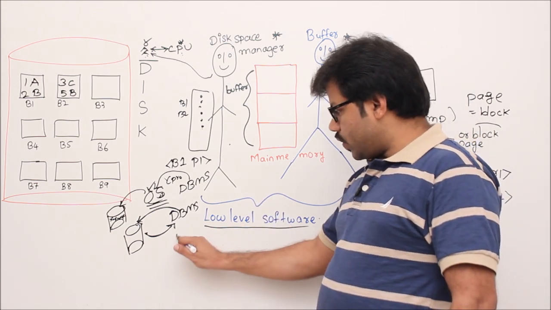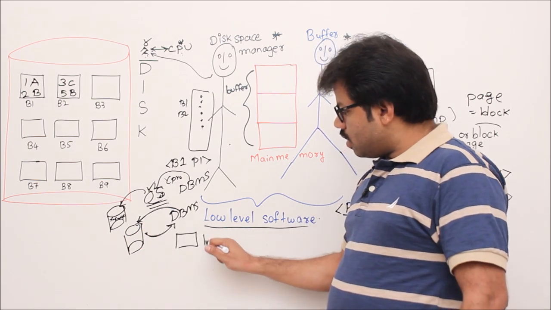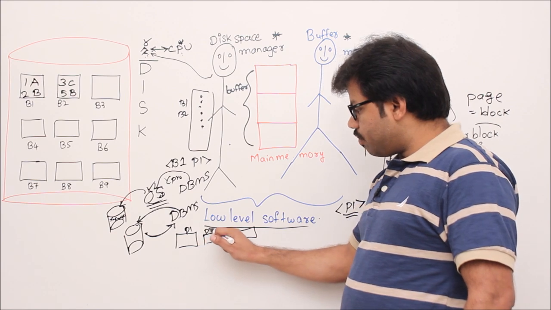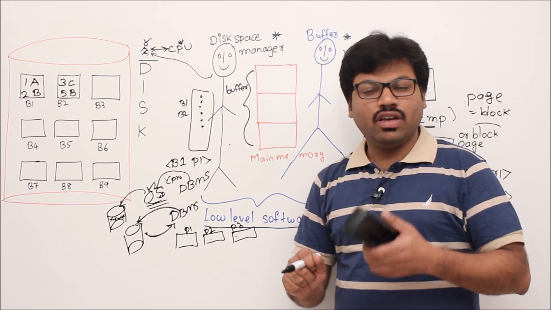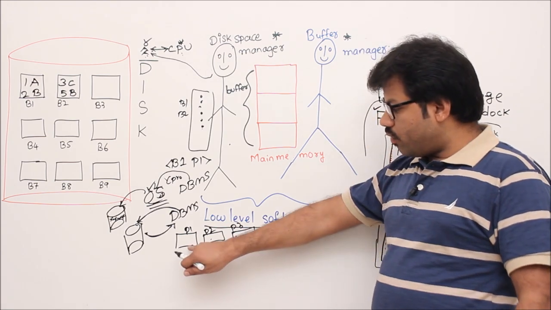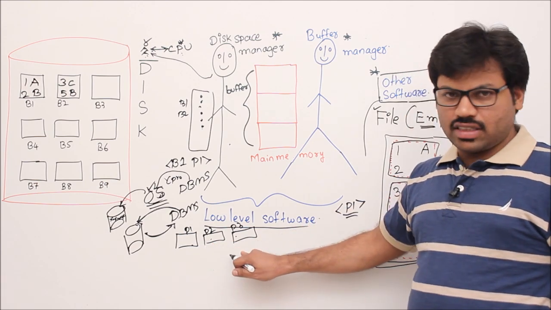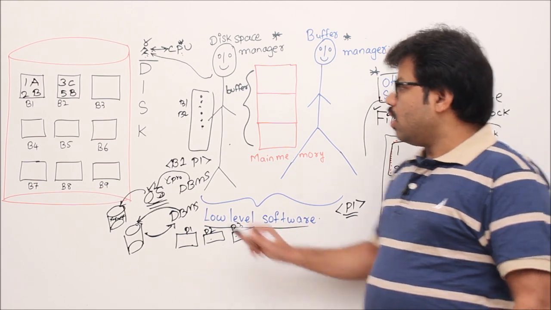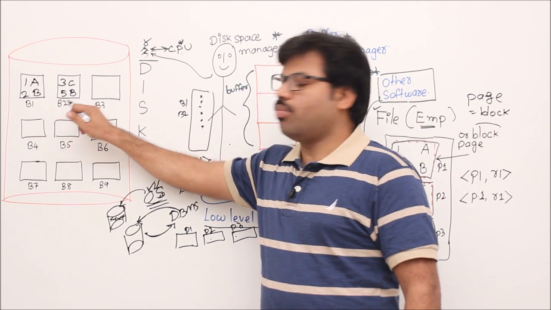Example, see this situation. When can I use this direct communication? I have some employee table with 3 pages, P1, P2, P3. I know that these 3 are related and they are going to be fetched immediately. That means after P1 definitely P2 is to be accessed, and after that P3 should be accessed because they are all related information. Then what I do is I store the P1, P2, P3 pages in consecutive blocks.